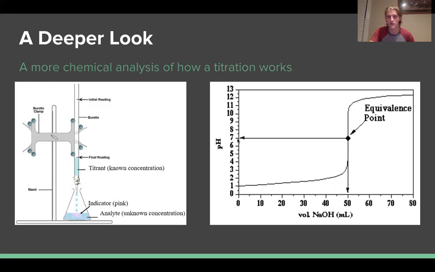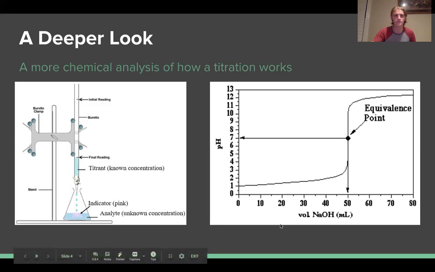And we'd reach the equivalence point at a pH of 7 once the reaction is completed and the solution is completely neutralized. And then we would record how much of the titrant we actually needed to use, and that way we could determine how many moles of the analyte were in that volume of analyte.